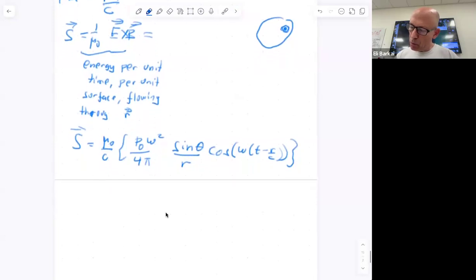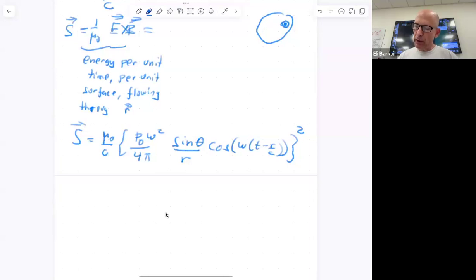And here I have these two, because I'm multiplying two functions, E and B. It's a nonlinear effect. You need both the field E and the field B. And this, as we said, is in the R direction, which is, of course, meaning that the flux of energy is going out perpendicular to the surface, the sphere that we have here.